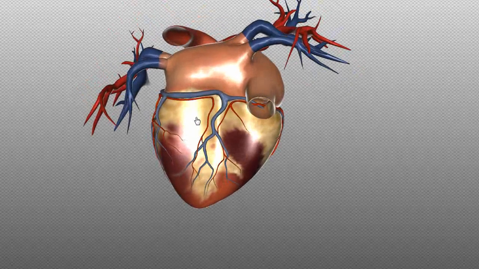so there is anatomical variation between people. So sometimes the posterior interventricular artery, which usually arises from the right coronary artery, can arise from the circumflex artery of the left coronary artery. So this is known as coronary dominance.